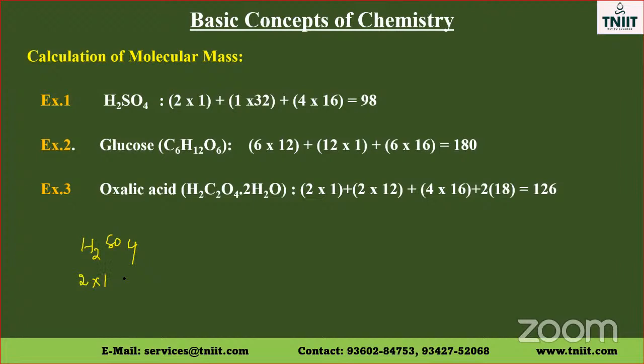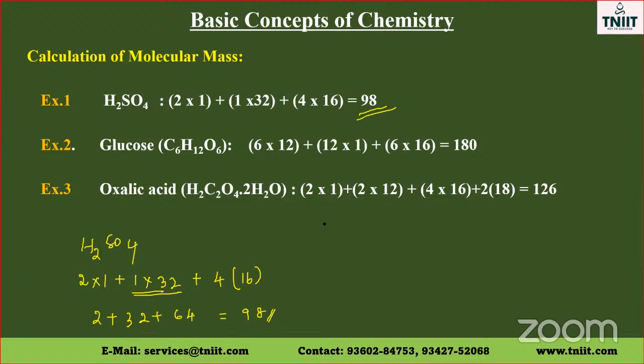So I write 2 into 1, plus sulfur, I have 1, and the atomic mass of sulfur is 32, plus oxygen we have 4, atomic mass of oxygen is 16. So it will be 2 into 1 is 2, plus 1 into 32 is 32, plus 16 into 4 is 64. If we add together, we get 98. So the molecular mass of sulfuric acid is 98.